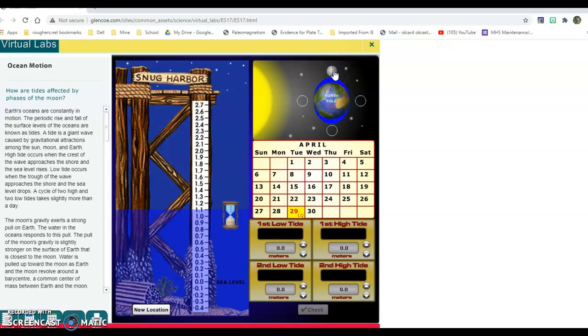I am now on third quarter and the last one. High tide was at 1.3.